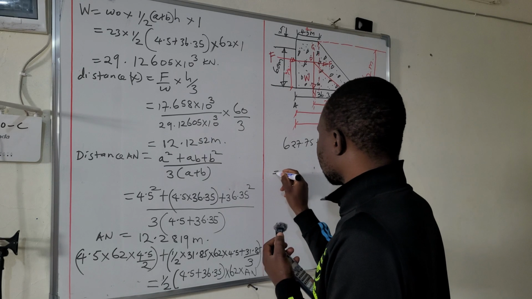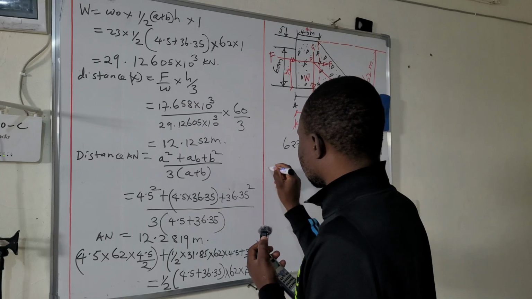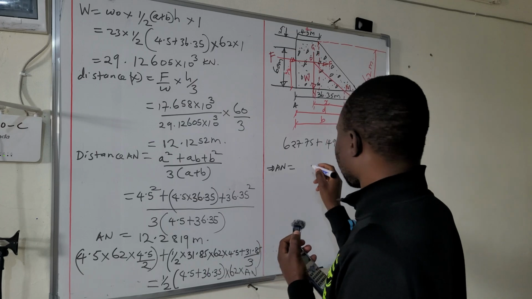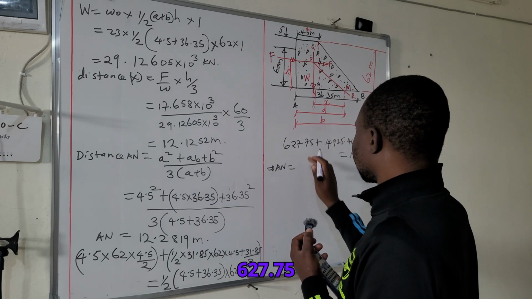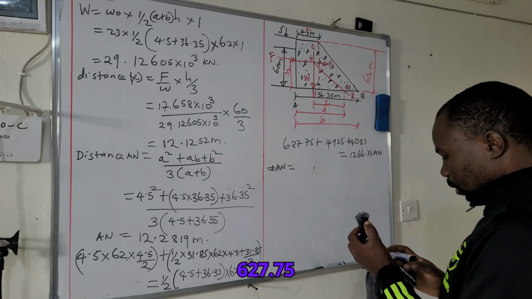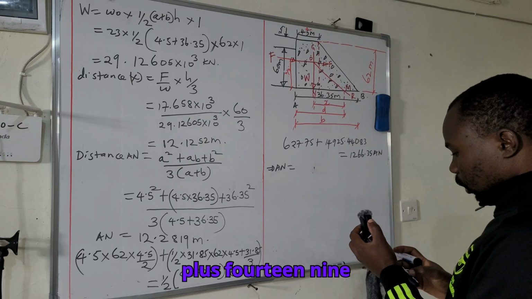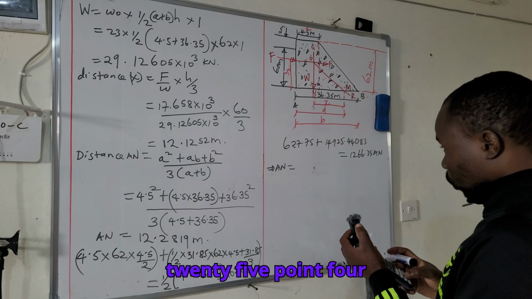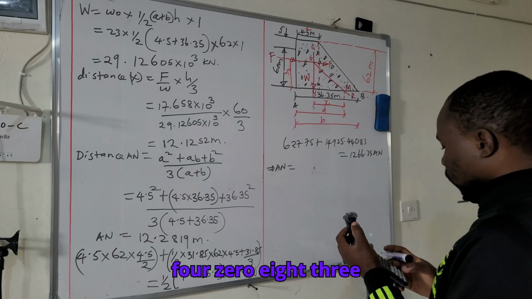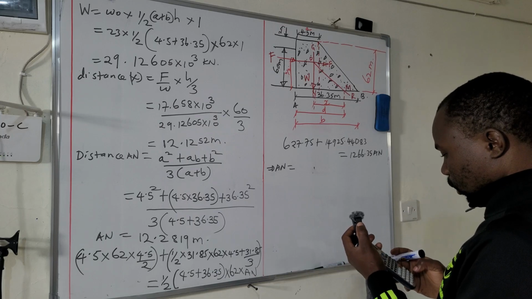So which implies AN is equal to 627.75 plus 14,925.44083.